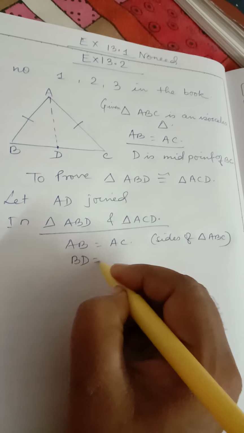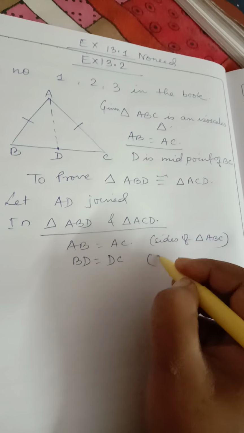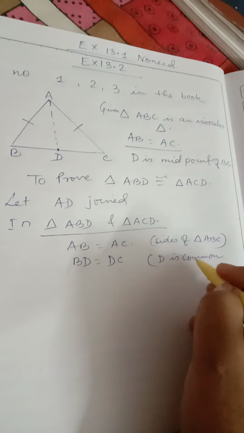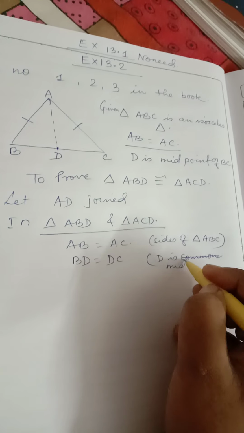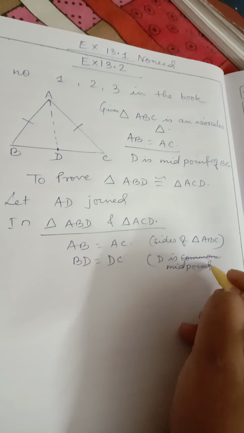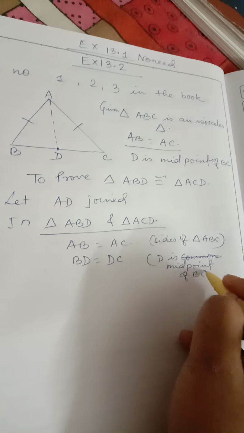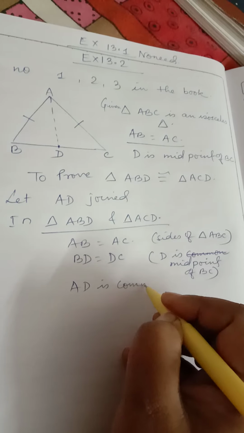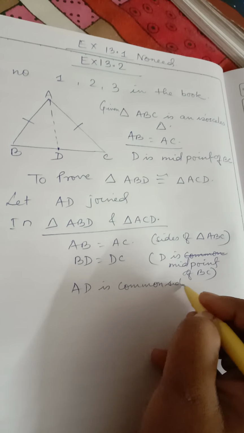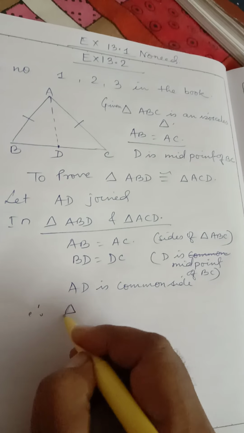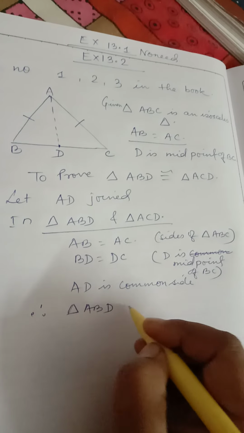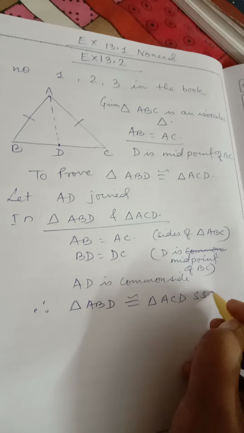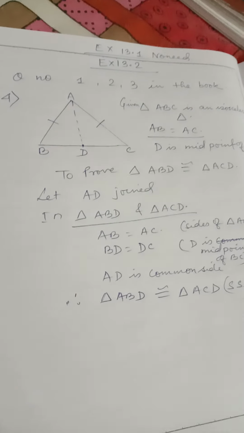BD is equal to DC, D is a midpoint of BC. Now AD is a common side. So therefore triangle ABD is congruent to triangle ACD, side, side, side congruency condition.